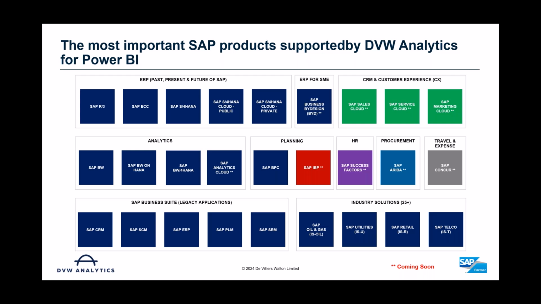You can see there are other systems out here, and I mentioned we'll talk about the roadmap later, but these are systems where we're looking to connect to in the very near future. Some of our other tools already do this, so we're looking to mirror that. Things like the cloud solutions for SAP, C4C, Marketing Cloud, the standalone solutions, SuccessFactors, Ariba, and Concur, and even IBP.